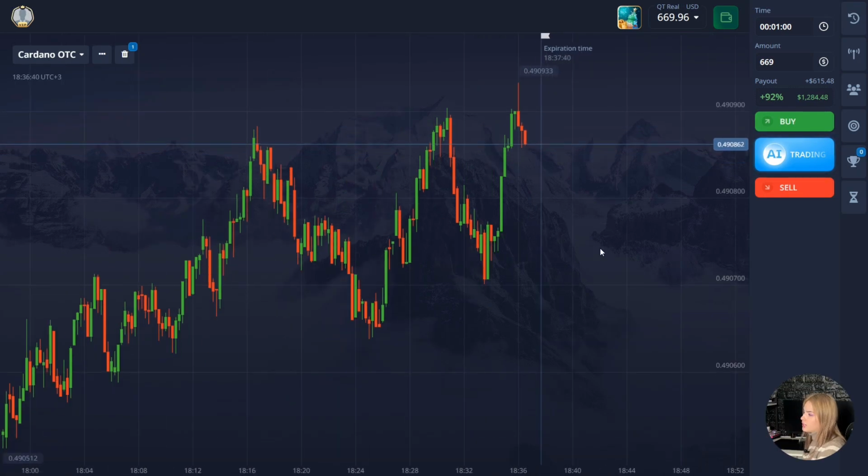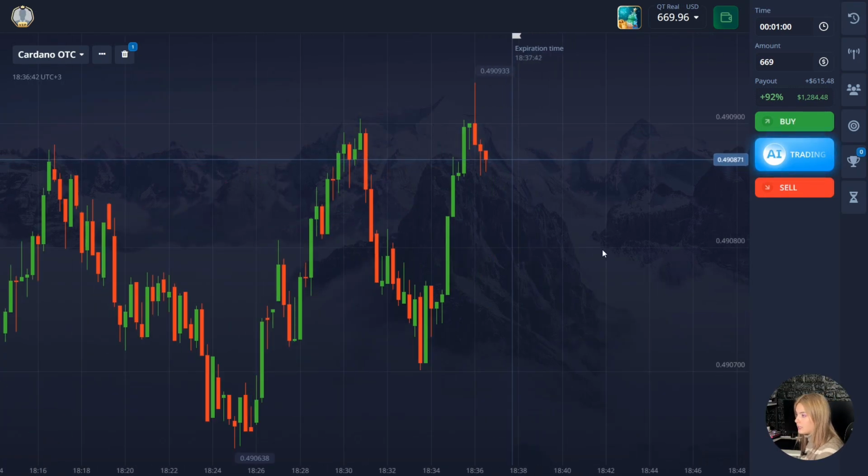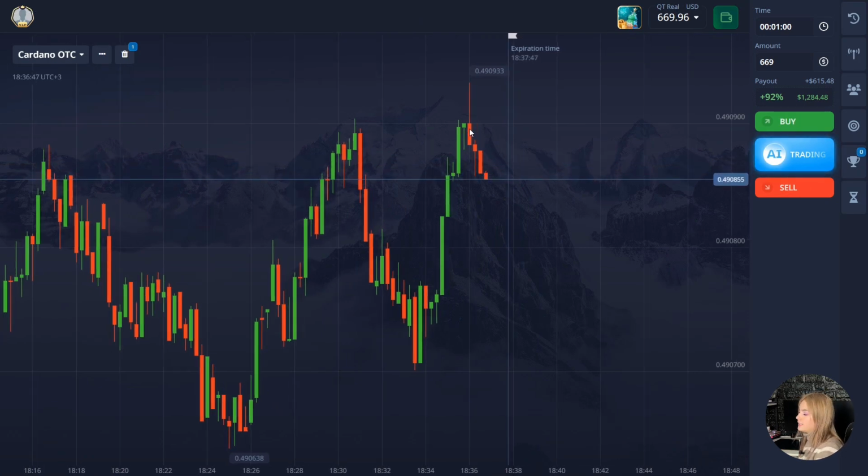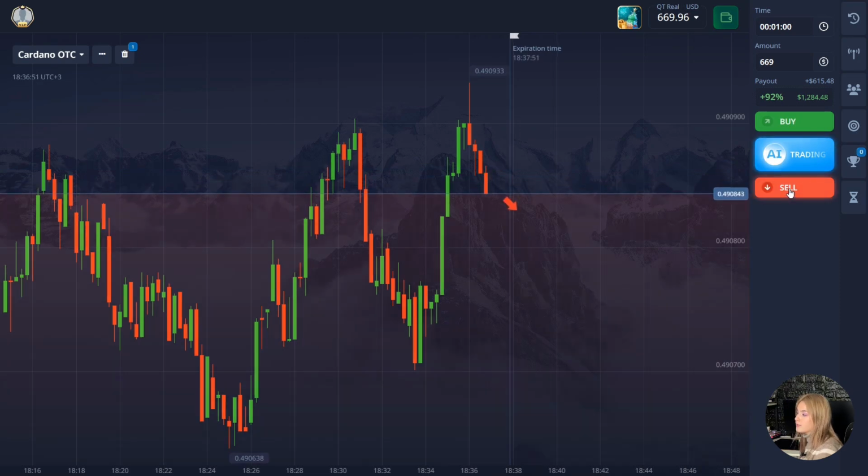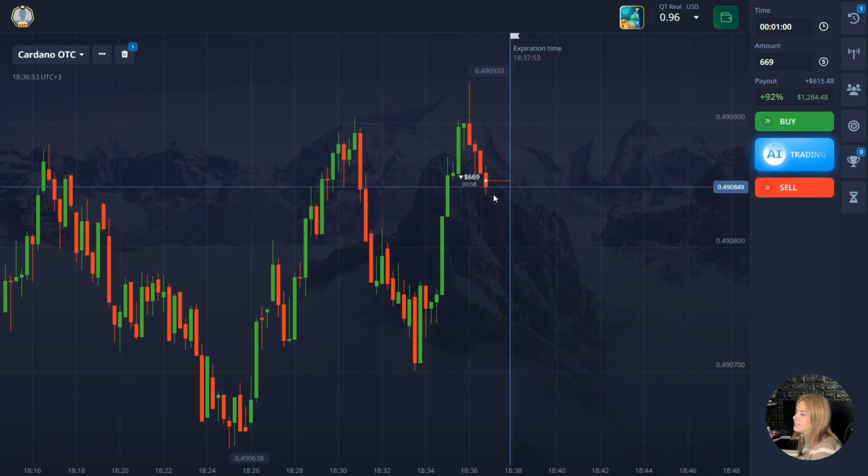So as you can see further, after very strong growth, red candlesticks began to form on the chart. And here's just to open a deal to sell, because I think that the price will move down in the near future. We can see that the price has already shown quite strong downward pullbacks before.